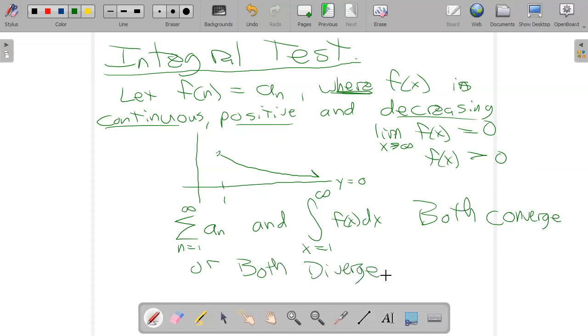And at this point in our careers, we are better with integrals than we are with sums. We're just scratching the surface on what we can do with sums. So we're going to use integrals to help us figure out whether sums converge or diverge.